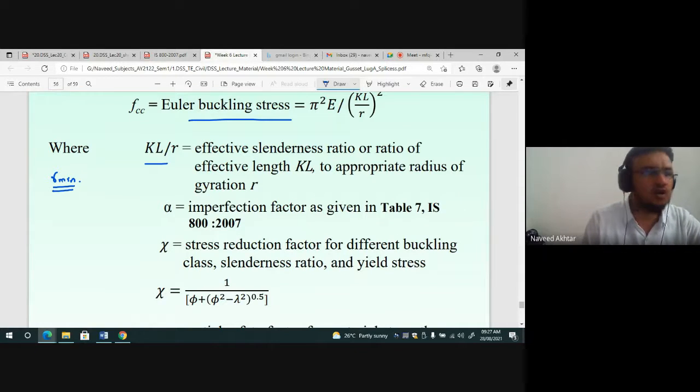Mostly, if the cross-section dimensions are very small, the column fails by buckling most of the time. And alpha is the imperfection factor that is given in Table 7 of IS 800:2007.